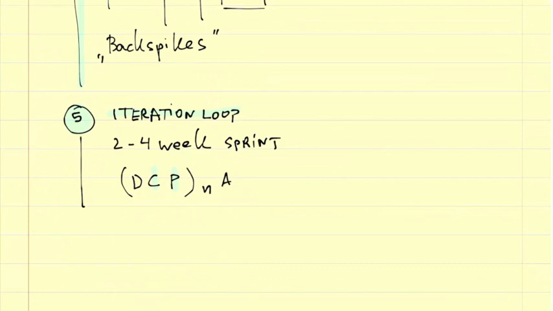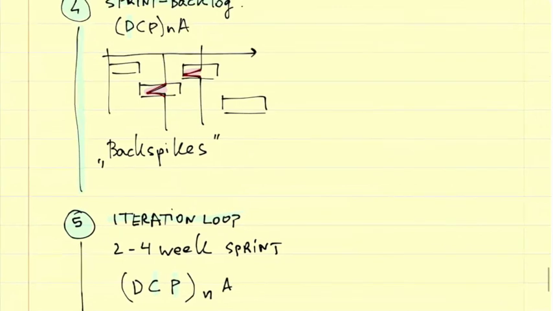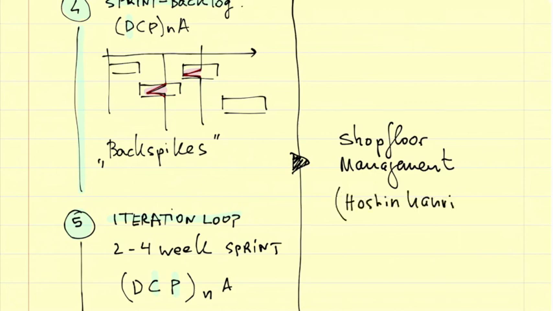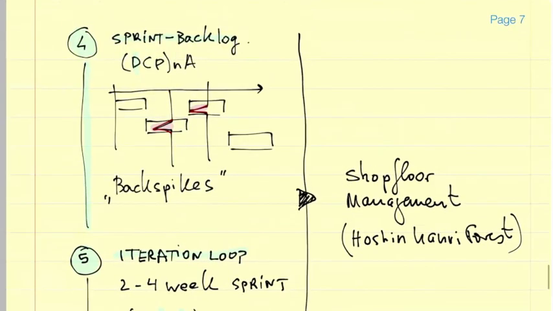These two elements, number 4, number 5, integrate what is called the shop floor management, and this is what we will later be calling machine gunnery forest, just in a couple of weeks.